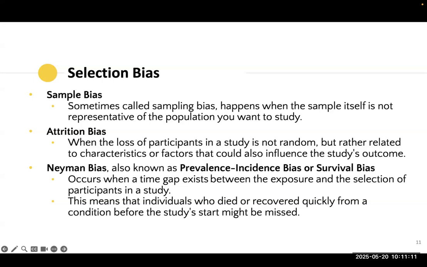Another example is attrition bias. That's where the loss of participants in a study is not random, but related to characteristics that could also influence the study's outcome. One example is, let's just say, a drug trial. You have folks in there that experience horrible side effects and they drop out before giving a chance for those side effects to ease off some.